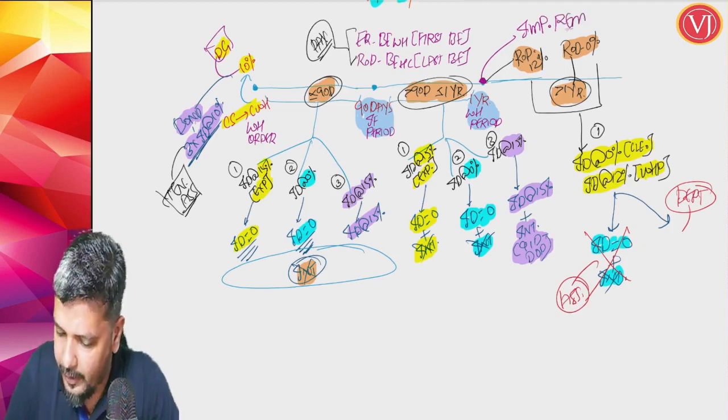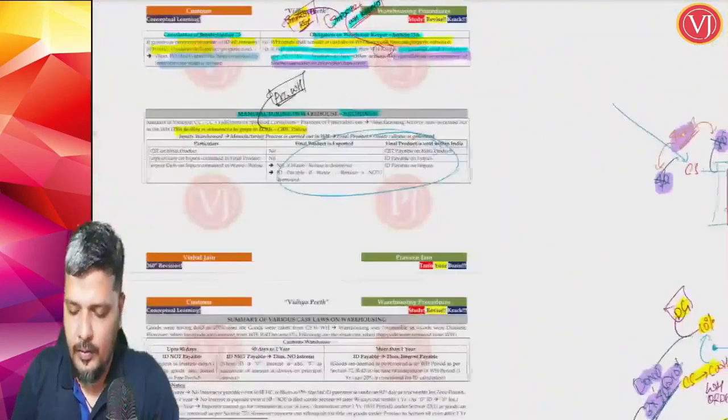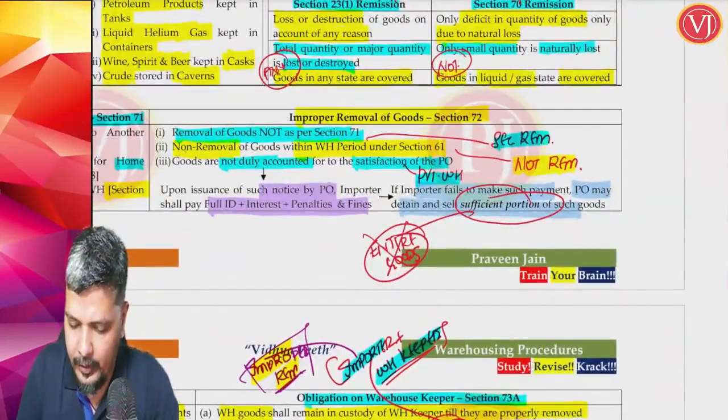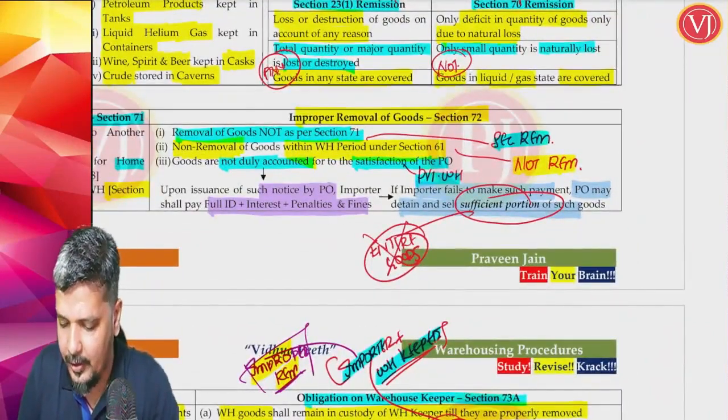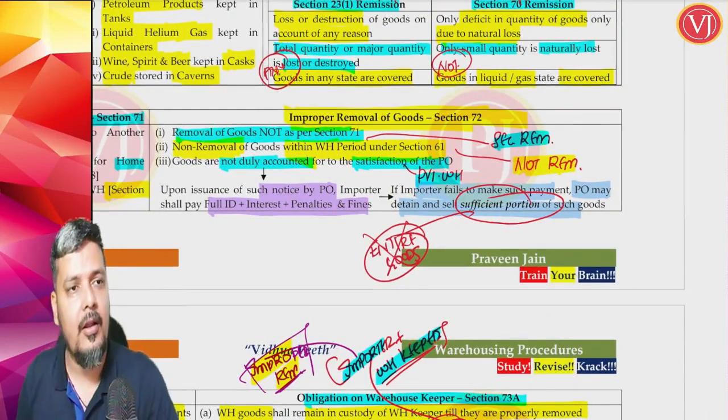When your period of 1 year is over and you don't remove the goods, it is improper removal as per section 72. If you are not removing the goods within warehousing period of 1 year, then it is improper.